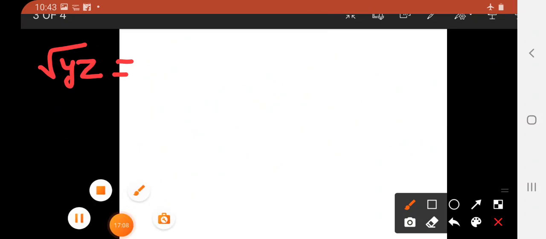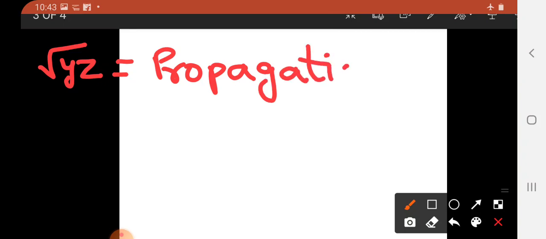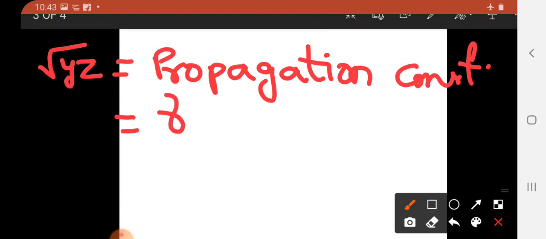This is called the propagation constant, which is denoted by gamma. Both ZC and gamma are complex quantities.